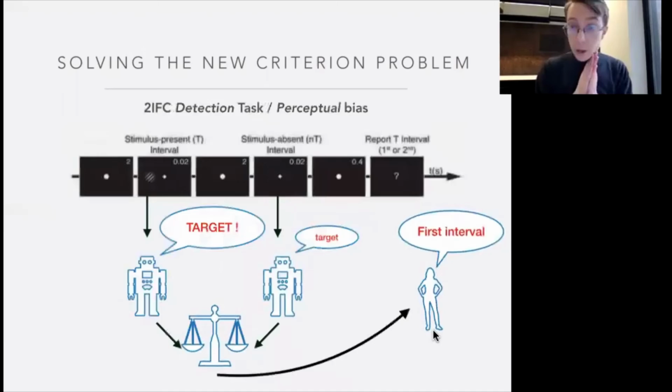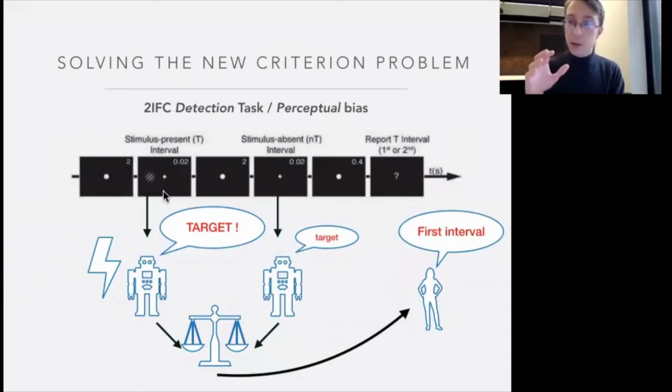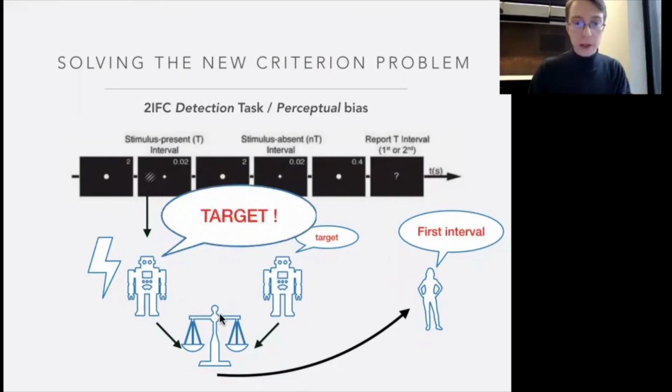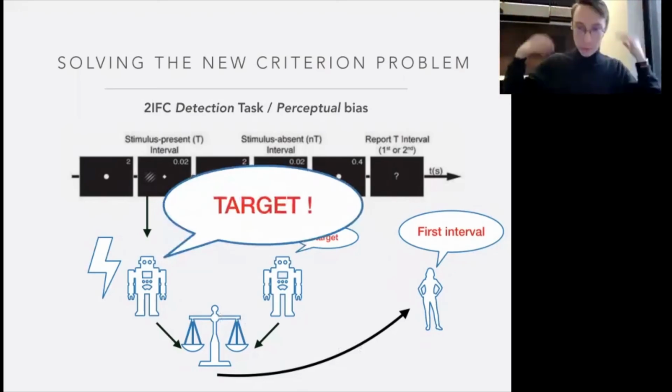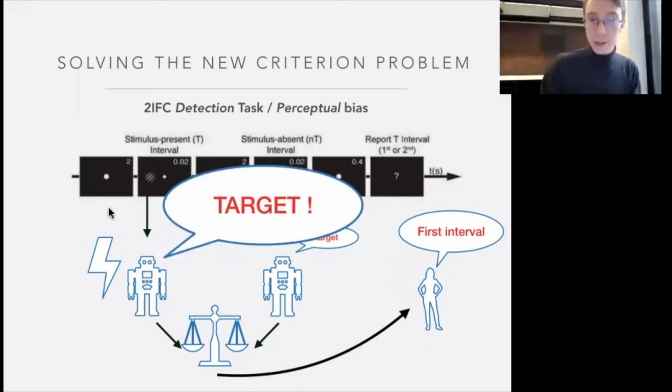Okay, now let's come back to our pre-stimulus excitability stuff. Let's imagine that I have a perceptual bias. And the way we would model a perceptual bias is basically as boosting the activity of your target detectors. A perceptual bias in that case will boost the activity of your target detector. So now my robot will be so excited by this perceptual bias that it will say target even more.